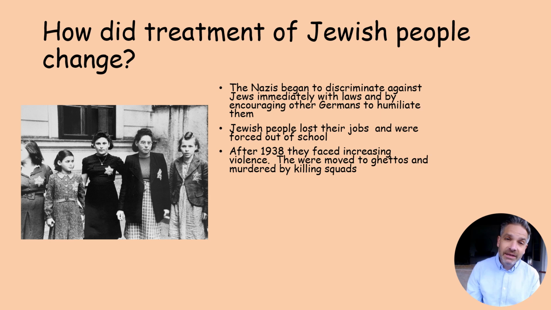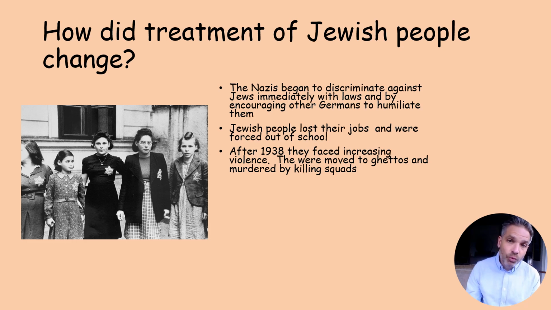And what we see from this point onwards is a systematic attempt to go beyond merely using laws to discriminate and trying to force Jews perhaps to leave the country, to rounding up Jewish communities and placing them in so-called ghettos.